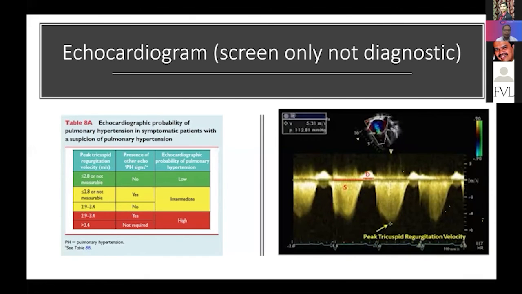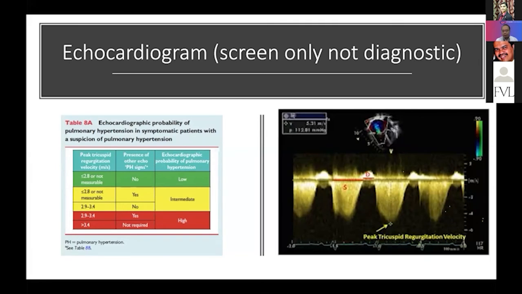However, if it is intermediate, right, and high, especially intermediate, you have to look at other things like dilation of the right heart and the IVC volume, and if those measurable values are abnormal, you have a high probability of pulmonary hypertension. This is where you refer to the cardiologist for an invasive test.